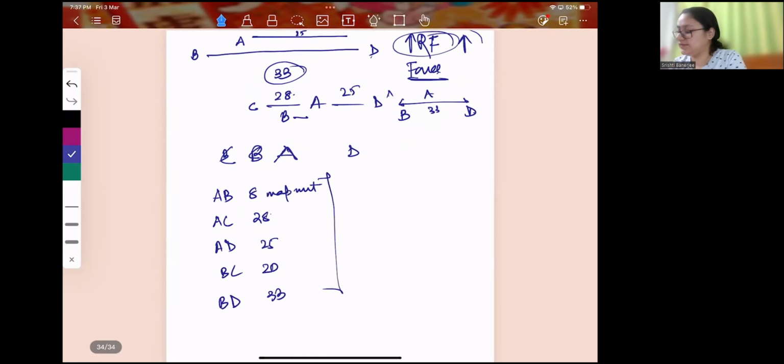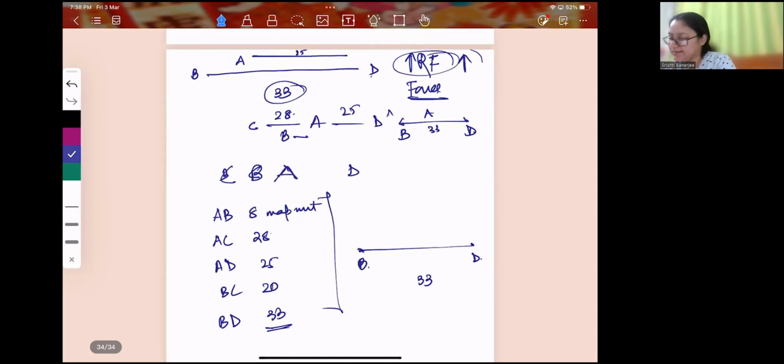So to solve this, first see which is the farthest. So B and D. You place B and D at the extreme edges, 33. Now you try to incorporate A and C within it. The next farthest is A and D, so I will place A here first, which gives me 25 units.